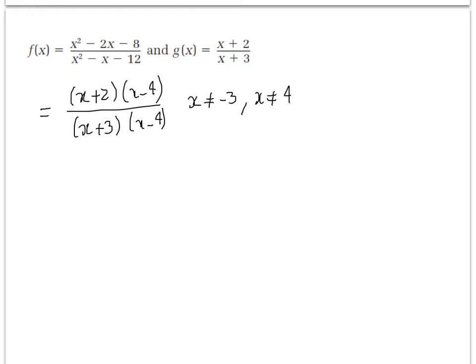Since we have already specified the restriction that x cannot be 4, I can safely cross out the x minus 4 in the numerator and the denominator. So I'm going to end up with x plus 2 over x plus 3 with the restriction that x cannot be negative 3 and 4.